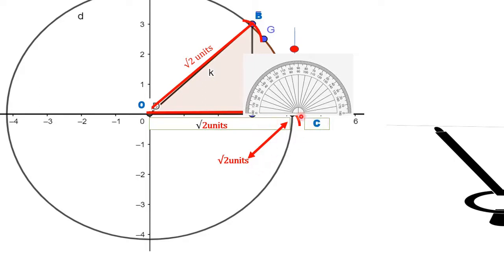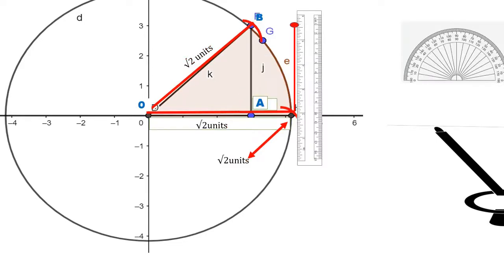Now align the 0, 0 of the protractor with the x-axis and mark a point at 90° on the y-axis. Place a scale at point C and draw a straight line passing through C and this point.